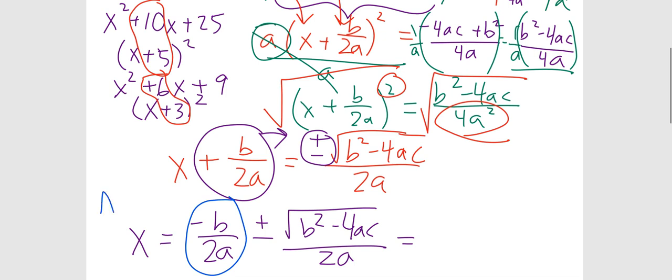I would abbreviate it AOS. It's a line that cuts a parabola in half. Axis of symmetry. Thank you very much. Okay, axis of symmetry.